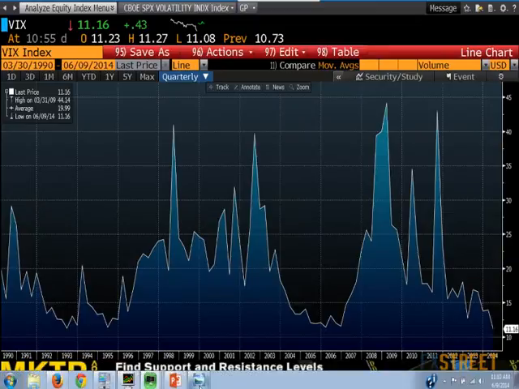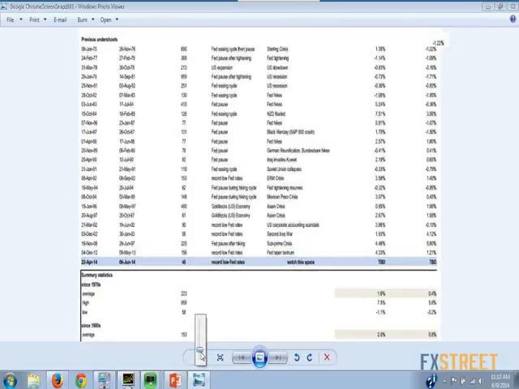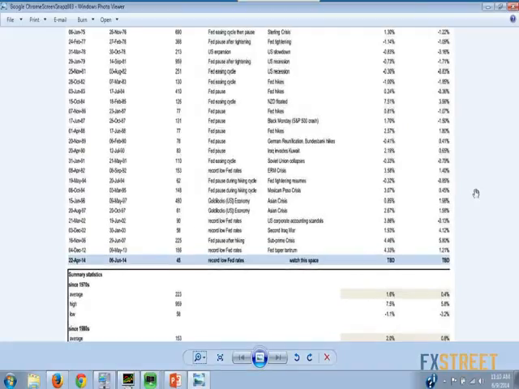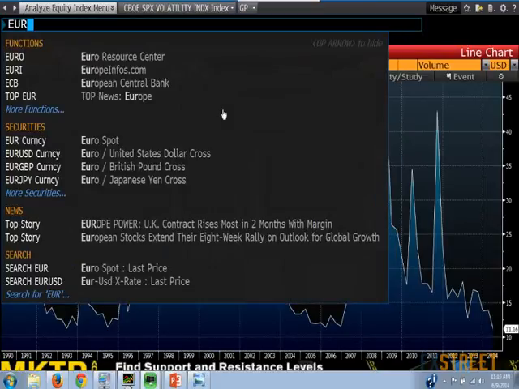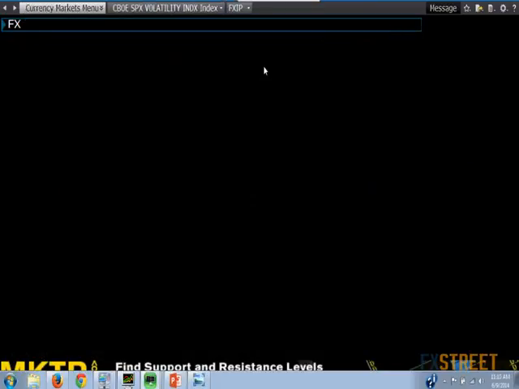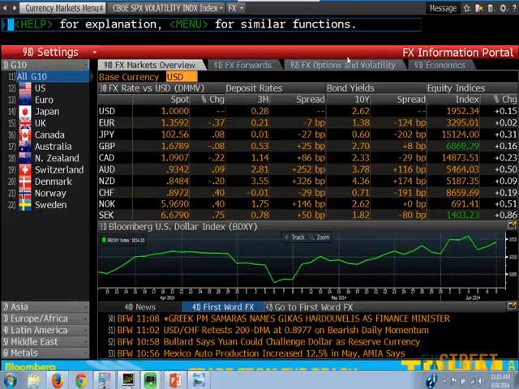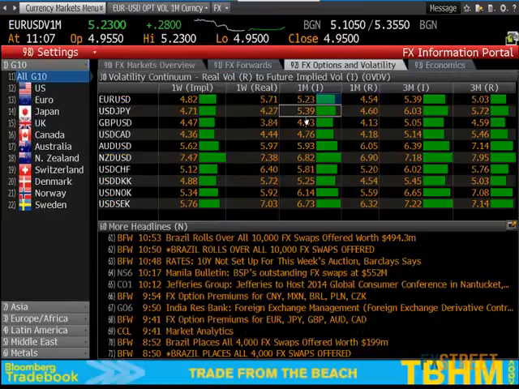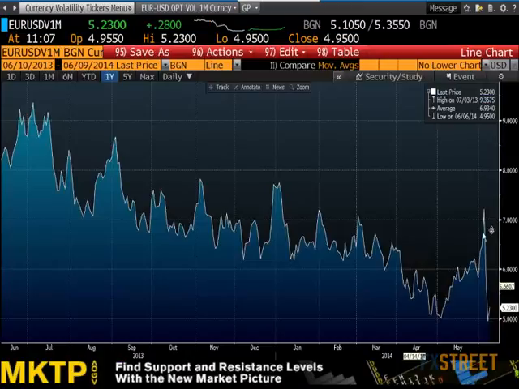JP Morgan put together this really interesting table here, talking about periods of low volatility and how long they have lasted. So if we go back to the euro dollar, we can see that we were pretty much at 7% not too long ago.